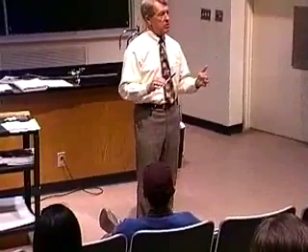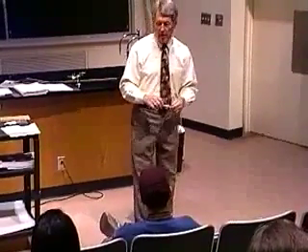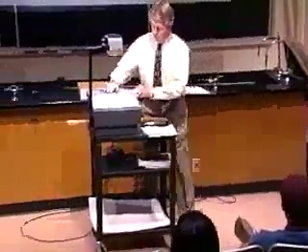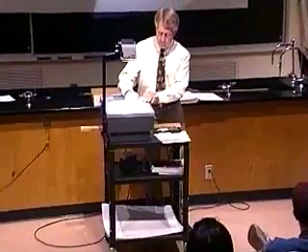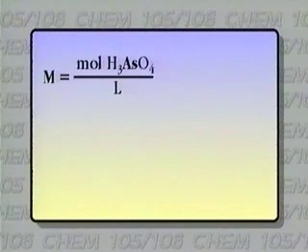In this case, we want to find the molarity of the acid. What is molarity by definition? It is the number of moles of solute, in this case the acid, per liter of solution.